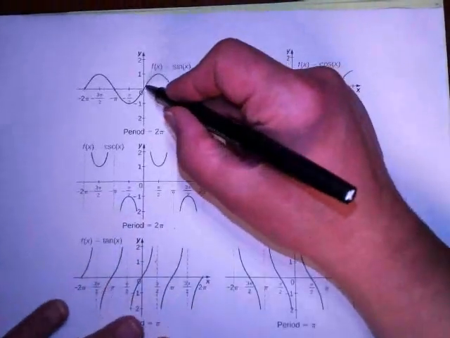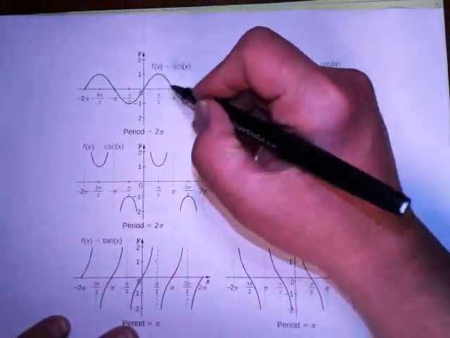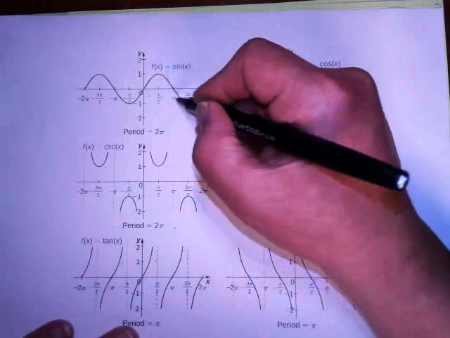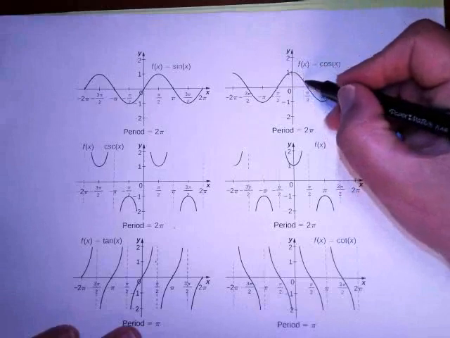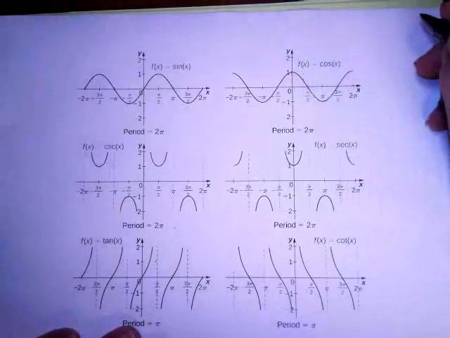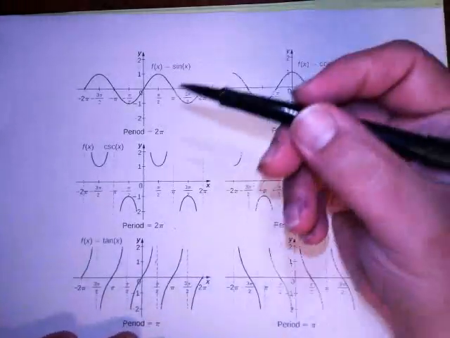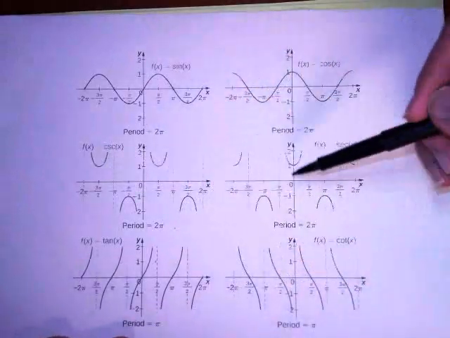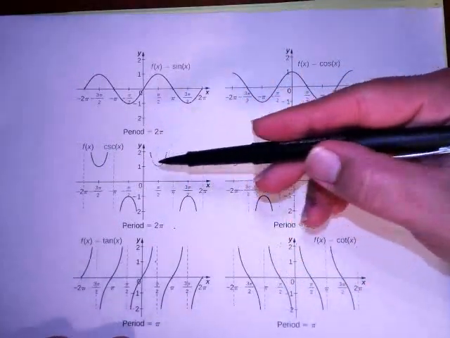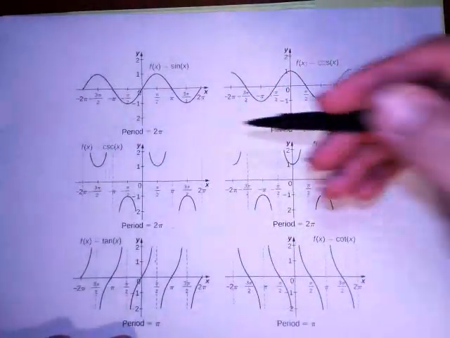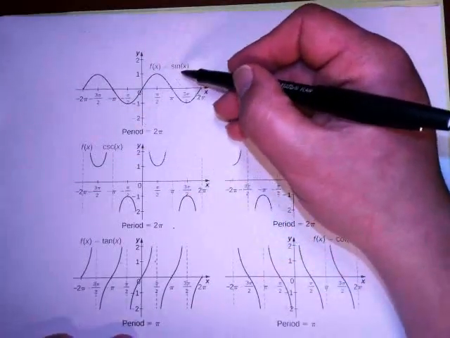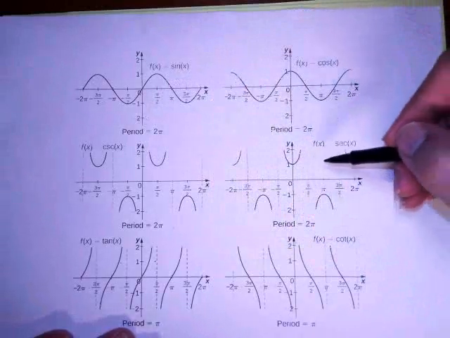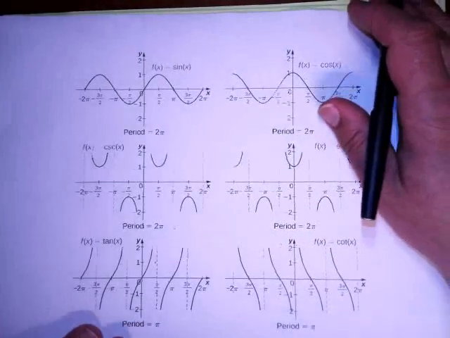So this is the sine, and we've already looked at that. It starts at 0 and goes up, and it just keeps doing the wave. Cosine starts at 1 and goes down. It keeps doing the wave. So these are the graphs of the cosecant and the secant. The cosecant has a relationship with the sine, and the secant has a relationship with the cosine.